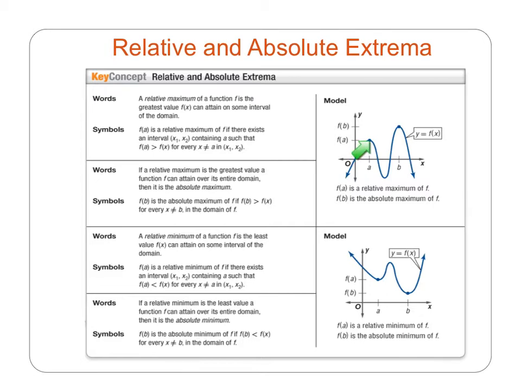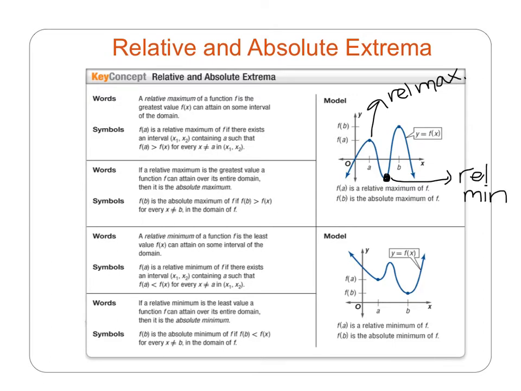If we have this function f of x, this point here would be considered a relative maximum, because compared to the points around it, it is the highest point. So we have a relative max in that function, whereas this point right here would be considered a relative minimum.